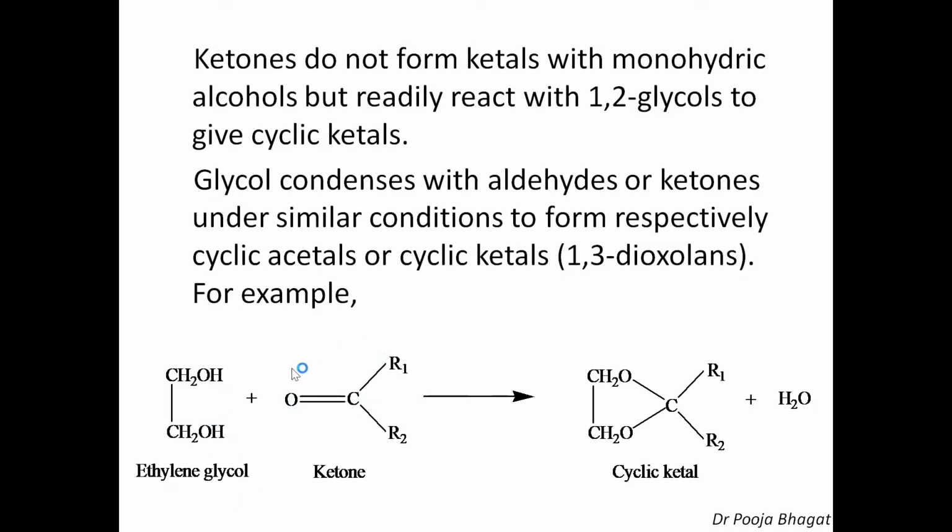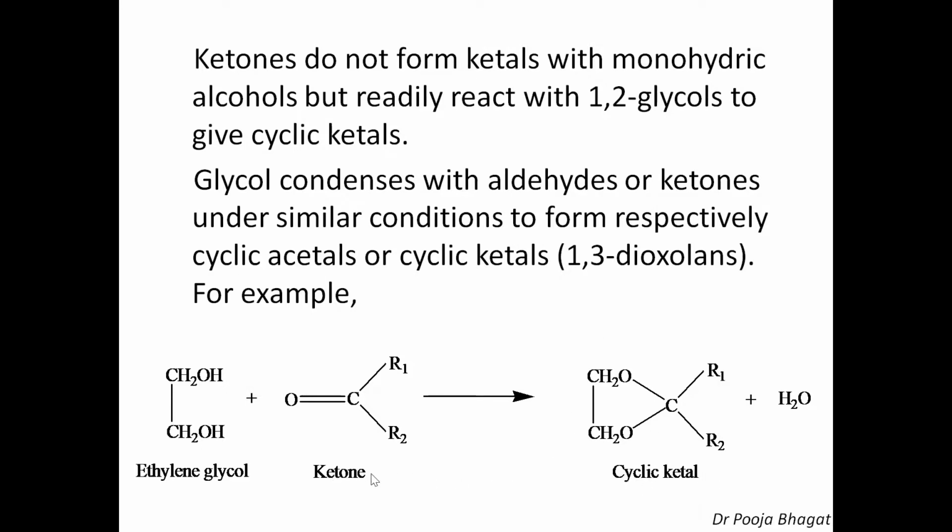In the reaction with ketone, this O and H go out. So one H from here, one H from here and O here go out as a water molecule. So CH2O with this carbon, CH2O with this carbon, and R1 and R2. This is the cyclic ketal.